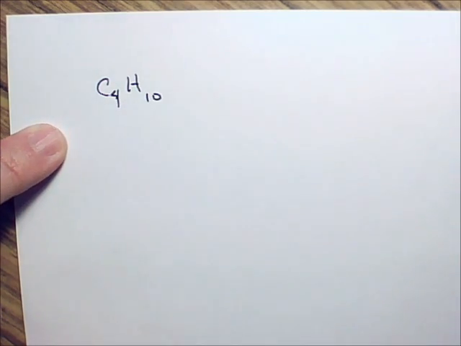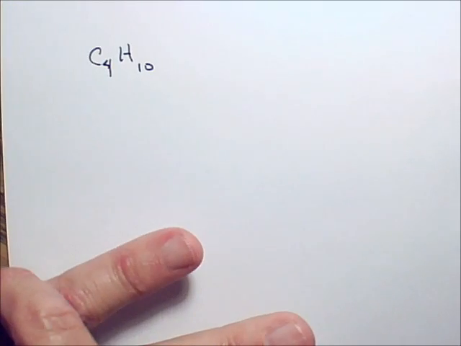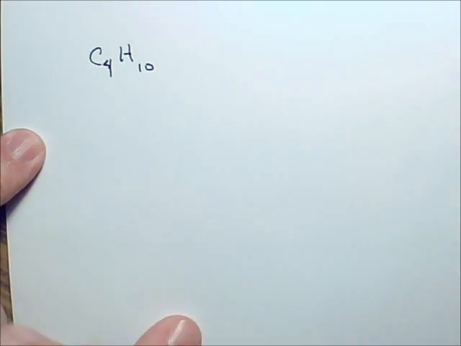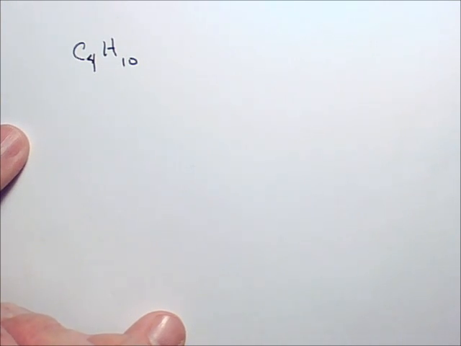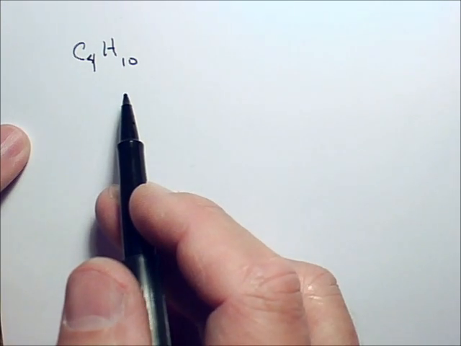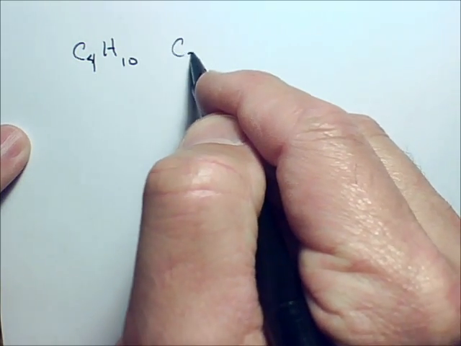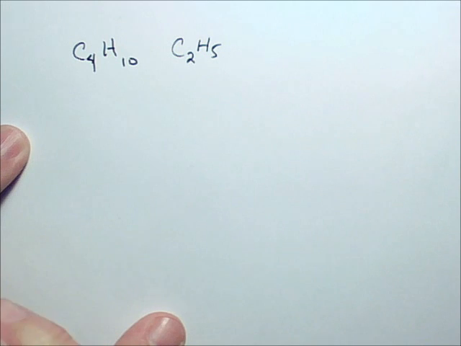C4H10 is a molecular formula. It tells you exactly how many carbons and hydrogens there are in the formula. And that is also the formula unit, because that's a molecular formula. That is the formula unit for a molecule. An empirical formula would be C2H5, the simplest whole number ratio.